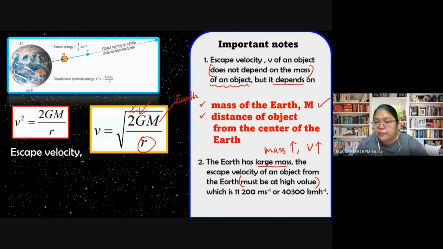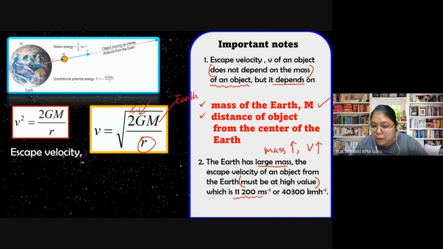For our Earth, the escape velocity is 11,200 m s-1. If you count by kilometers per hour, that's 40,300. So if you want to go to space, you must exceed this velocity, then you can go up.